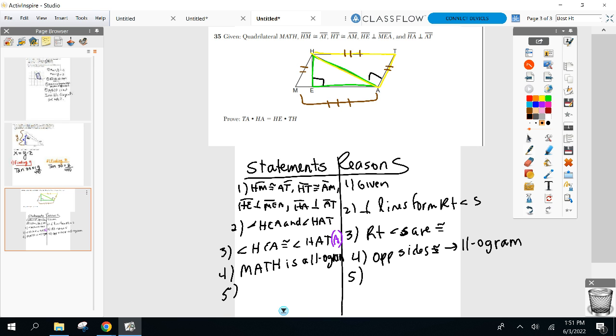What do you know about opposite sides? They're congruent, and what else, Greg? In a parallelogram, opposite sides are congruent, and they're also parallel, and what do parallel lines sometimes lead to? Specifically, what are those angles called in this case? If I have MA parallel to HT, what type of angles do I have here?